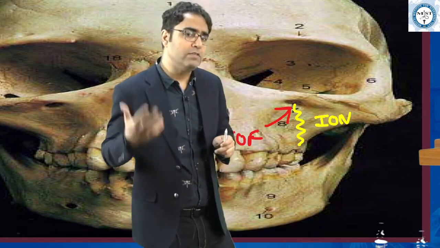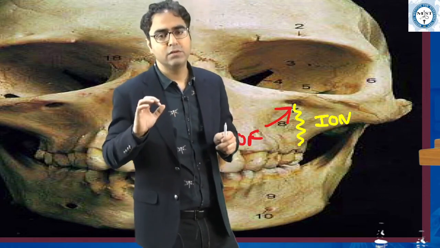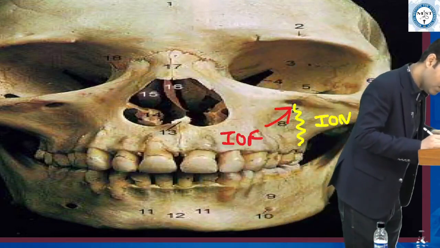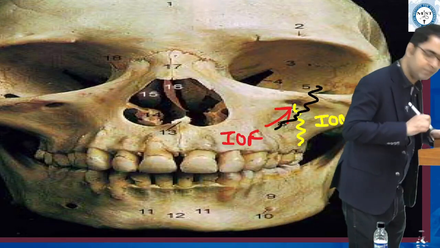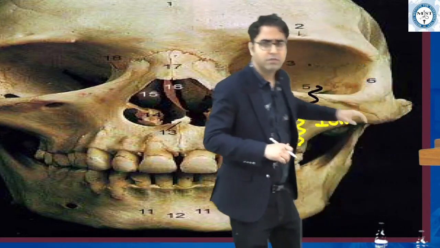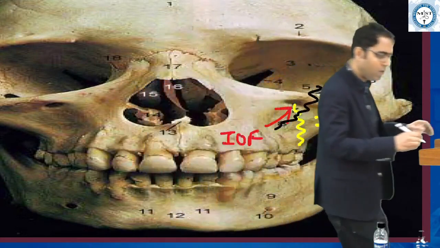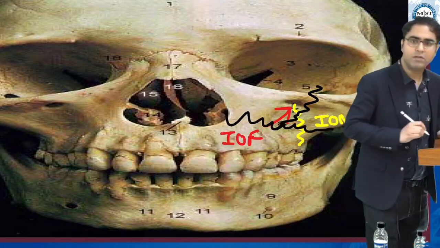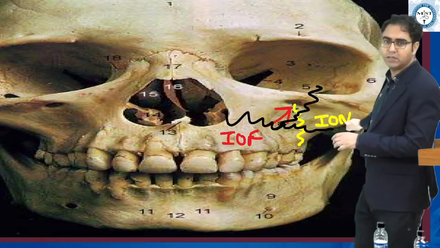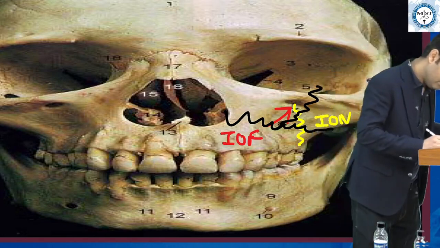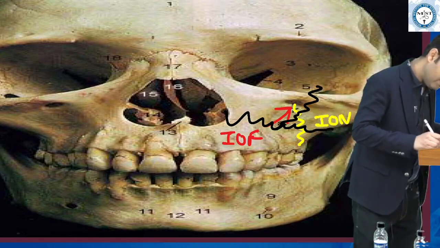What all diseases can damage this infraorbital nerve? Number one, please see on the screen. If somebody got a zygomatic fracture, the zygoma got fractured, beta, and the nerve got cut. Then somebody got a maxillary fracture. The maxilla bone gets fractured, the nerve is cut. And third, important thing, somebody got a cancer, beta.